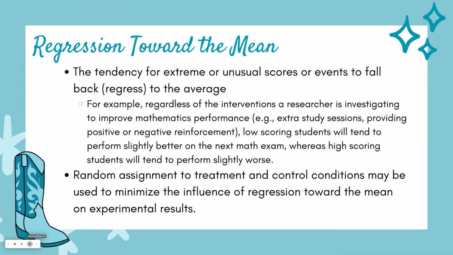We also need to be aware of something that happens called regression towards the mean. So, this is the tendency for extreme or unusual scores or events to fall back, meaning regress, to the average.